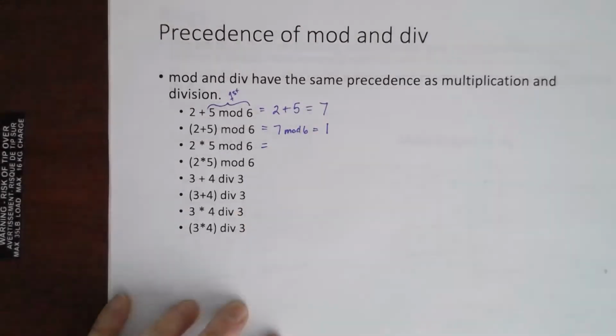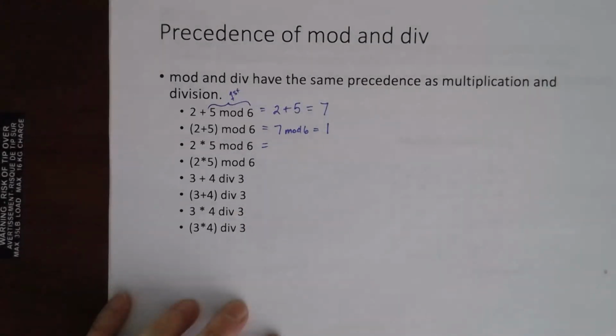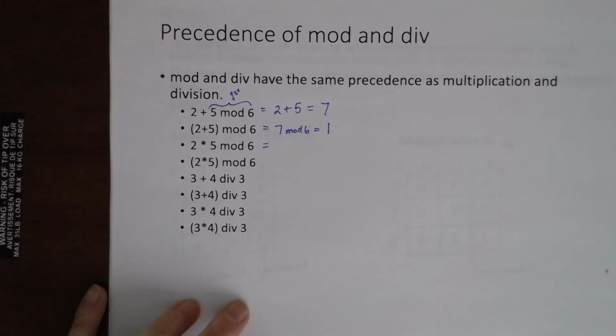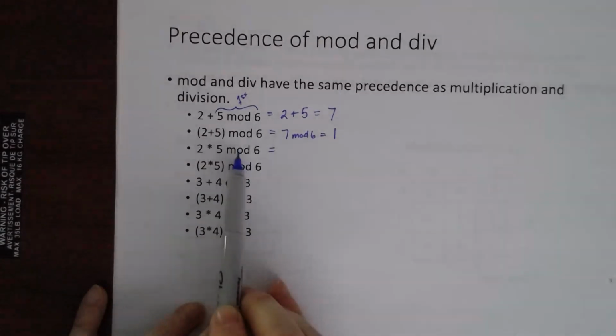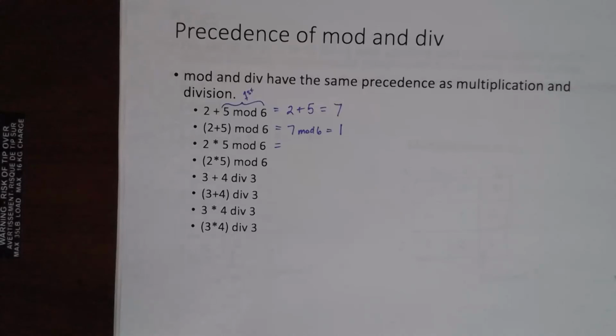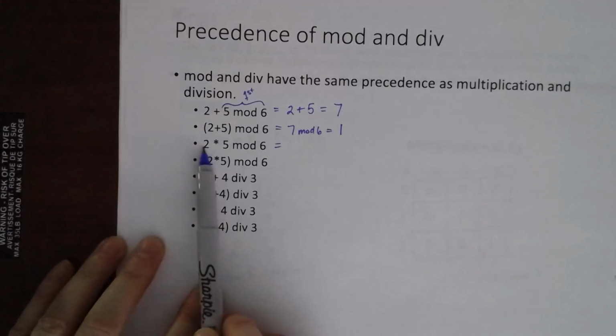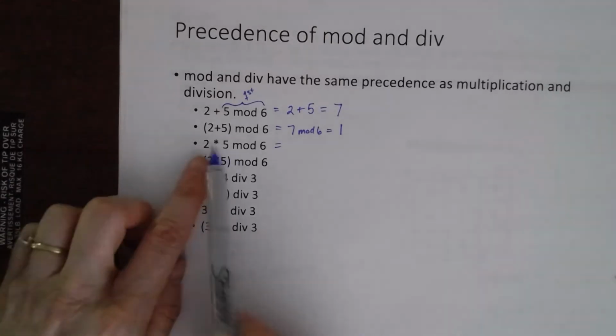All right, this one, 2 times 5 mod 6. What will happen first? Because the multiplication and the mod have the same precedence, whenever you have the same precedence, it goes left to right. So if I'm going left to right, the first thing I come to is the times.